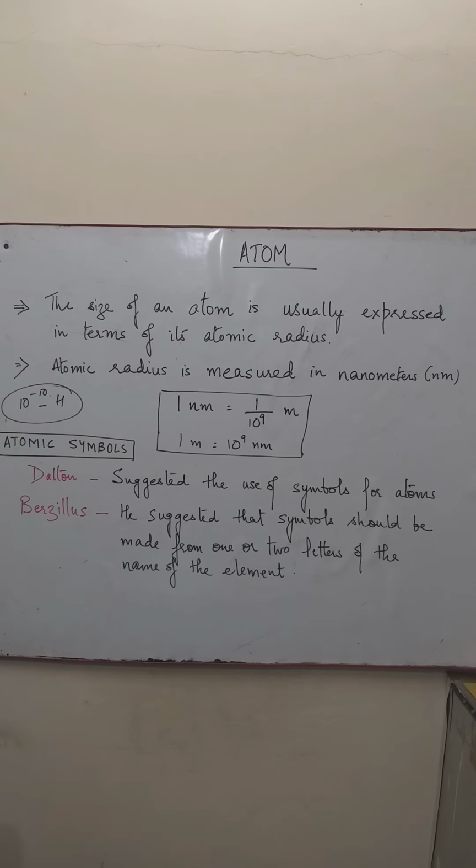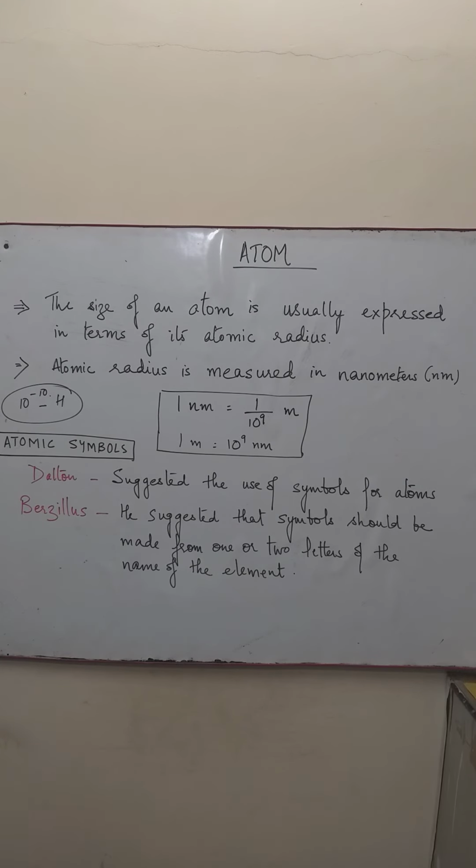So the atomic radius gives us an idea of the size of an atom. Molecules of water are about 10 to the power minus 9, and a grain of sand is 10 to the power minus 4. So these various sizes give us an idea of how small the atom actually is.